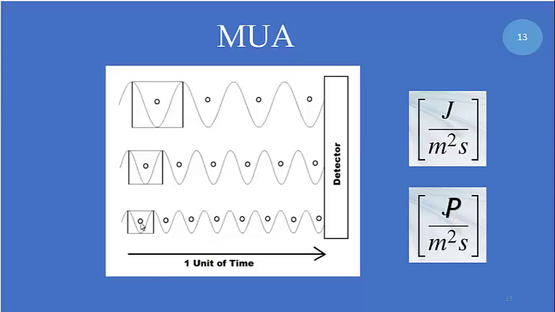As well, more energy units, more oscillations, are entering the detector in unit time, or 1 second, than the lower frequency light. Both of these effects contribute to the fact that higher frequency light delivers more power and or exerts more pressure, power and pressure, on an object than lower frequency light.